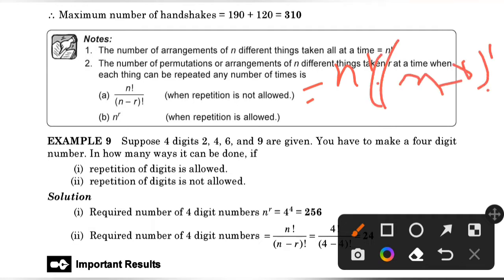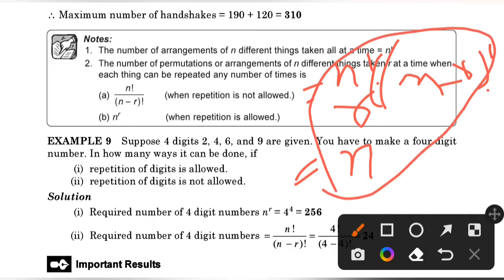This is for when repetition is not allowed and the arrangements are permutations. And when repetition is allowed, then we use the formula n power r. These formulas are for permutation or arrangements.